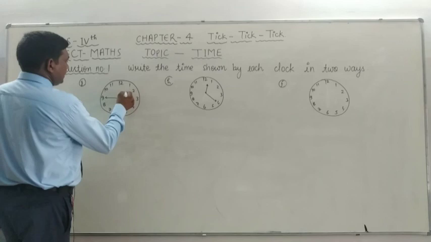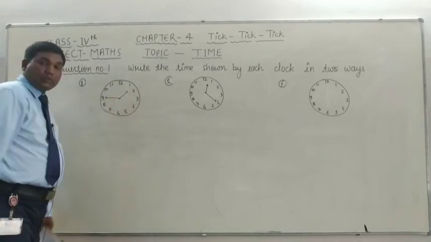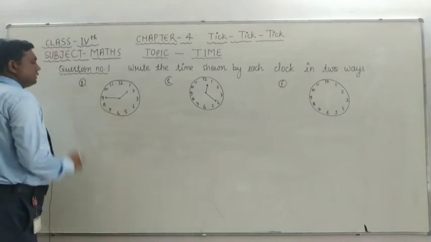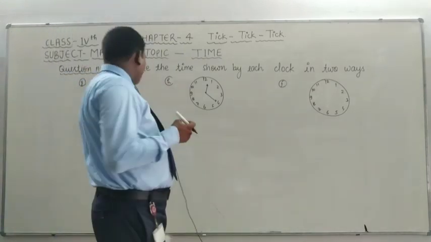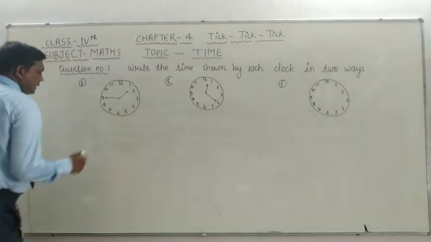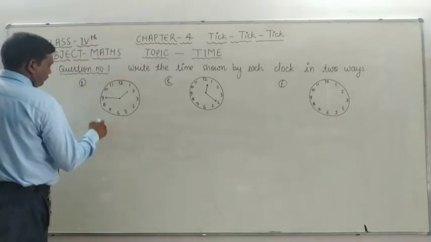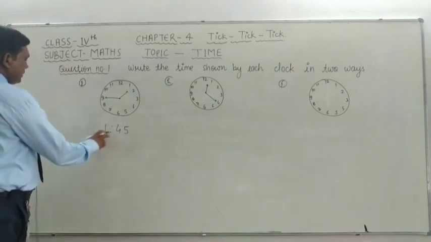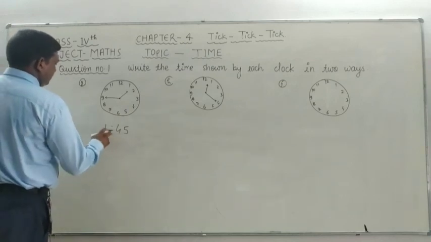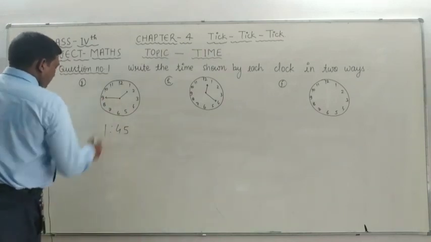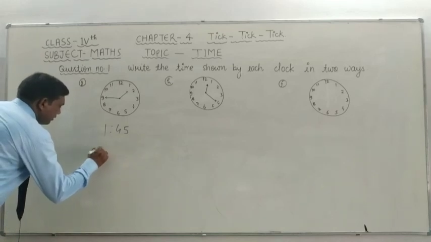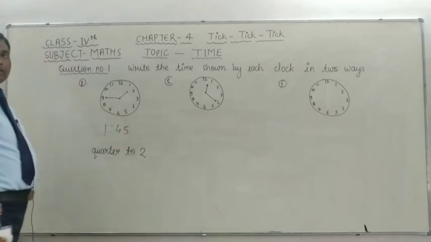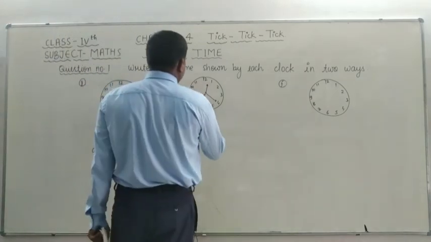In this watch, we see that the hour hand is exactly between 1 and 2 and the minute hand is exactly at 9. Therefore, the time is 1:45. Okay, the time is 1:45 and this is quarter to 2. Understand?